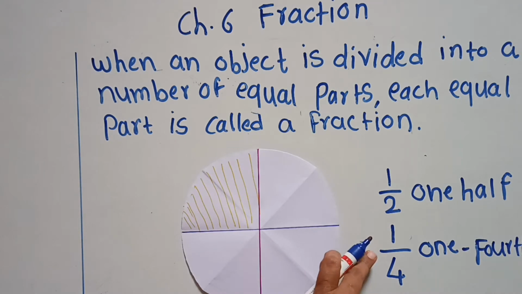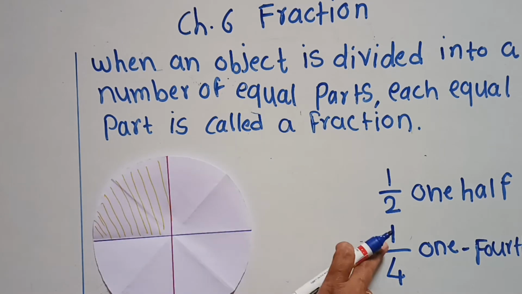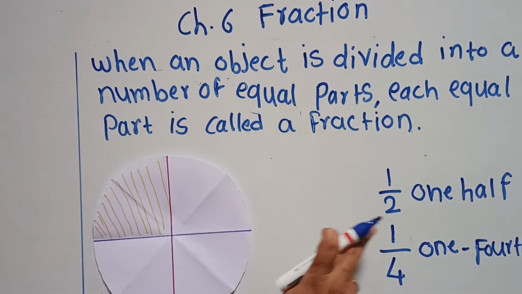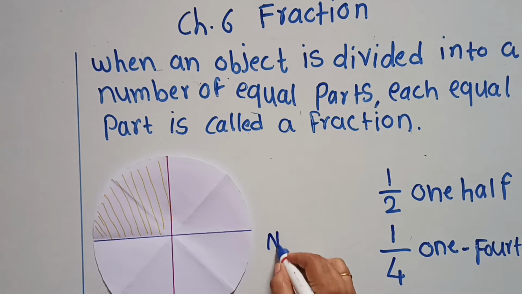Now you know this is a horizontal line, and above the horizontal line there is a number, and below the horizontal line there is also a number. This upside number, or above number, we call numerator.